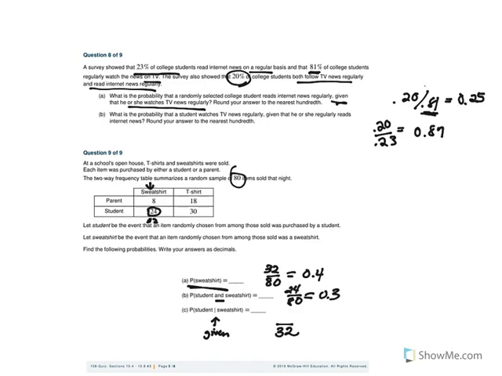So out of all of the sweatshirts, what is the probability that we would get a student? Well, how many students were picked from sweatshirts? 24. So 24 over 32 would be our probability, but we want the decimal, which would give us 0.75. And so that is your conditional probability and also just basic probability from a table.